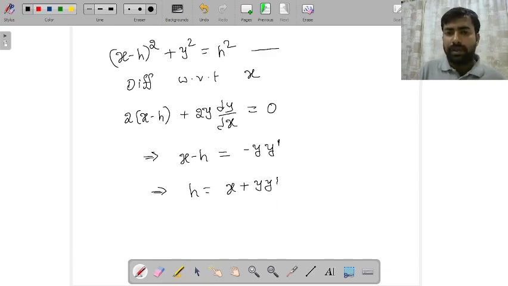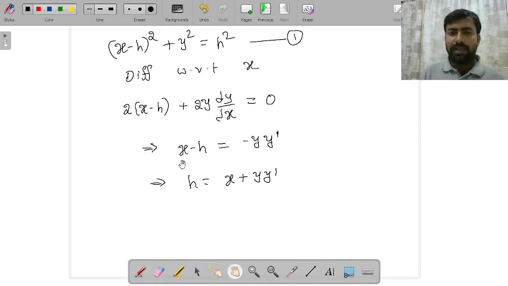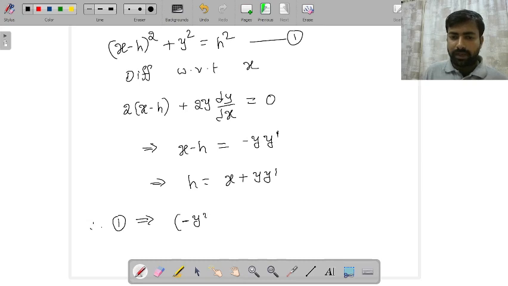Let me assume this is 1. Now substitute this x minus h and h in 1. So 1 implies x minus h will be replaced with minus y into y prime whole square plus y square equal to h square. What is h here? H is nothing but x plus y into y prime.